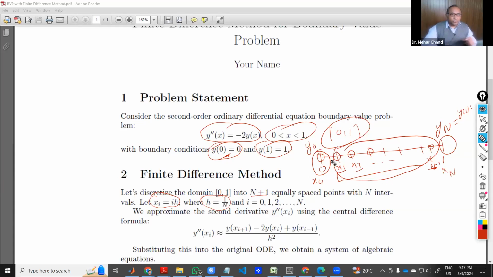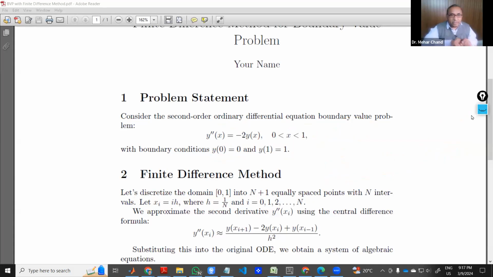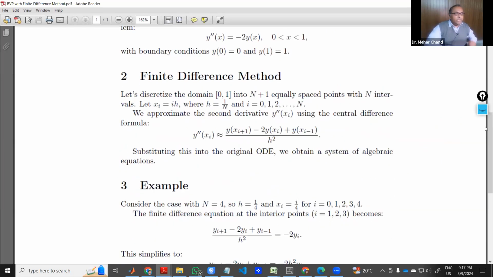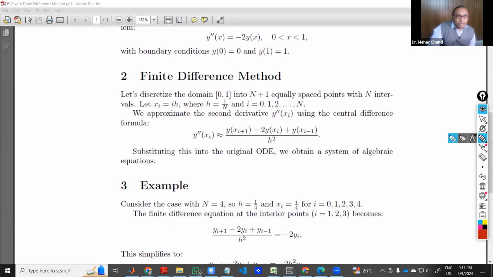So the approach is, from the finite difference, we have y double dash x, and here we are using the central difference. In all the cases we always use central difference.